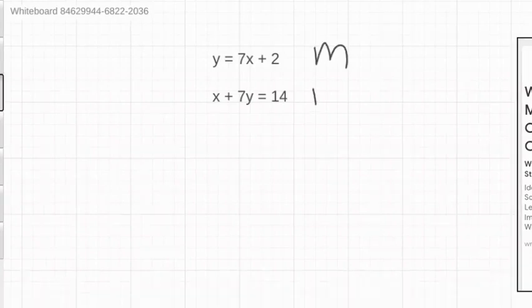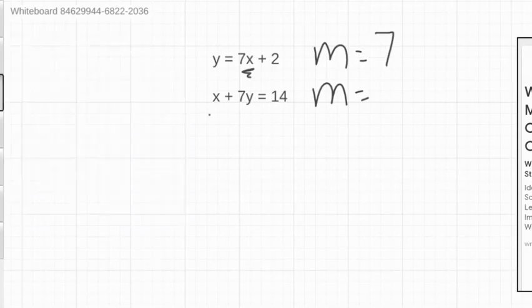Alright, let's do another one. So we're going to have to find m for the first and second one. So the first one, we can see that the 7 is in front of the x, so we know that our m is 7. But for the second one, our y isn't where it's supposed to be. So we're going to have to solve and put it into y equals mx plus b form.